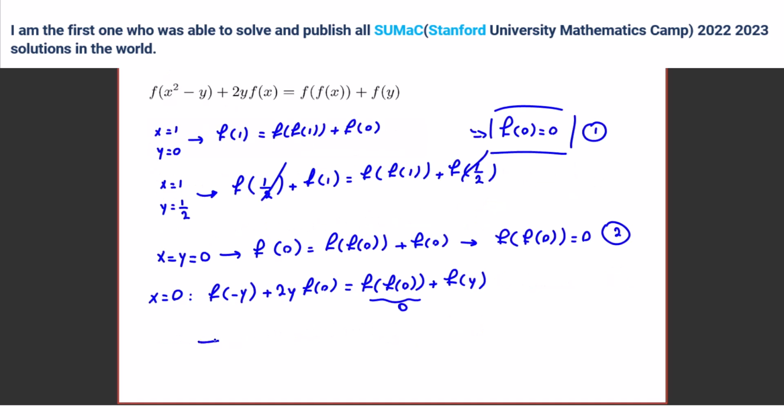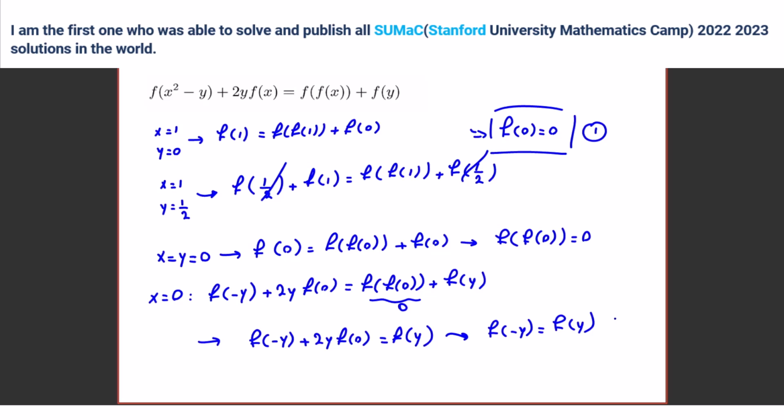So we reached that f of negative y plus 2y f of 0 is equal to f of y. Because you reach this from here, we can conclude that f of negative y is f of y. We don't need to call it a second result, because from this one we can reach that one.